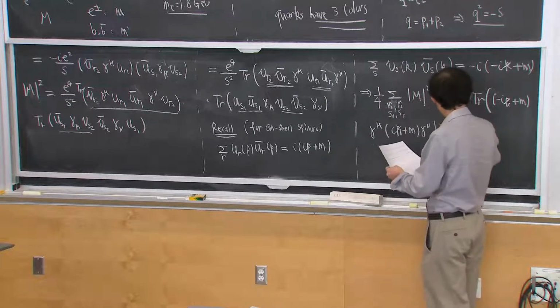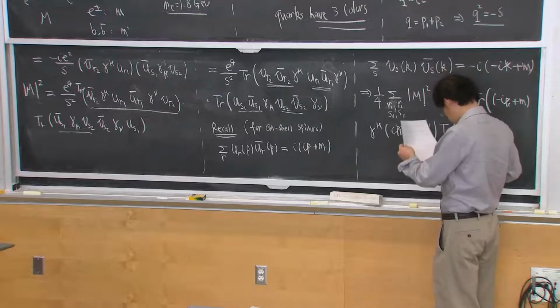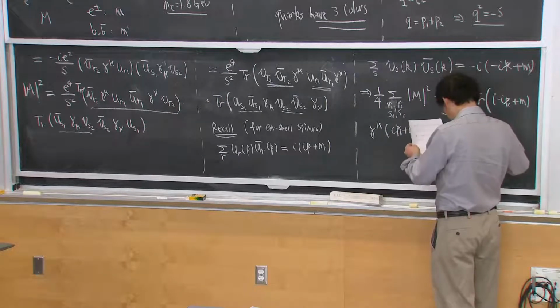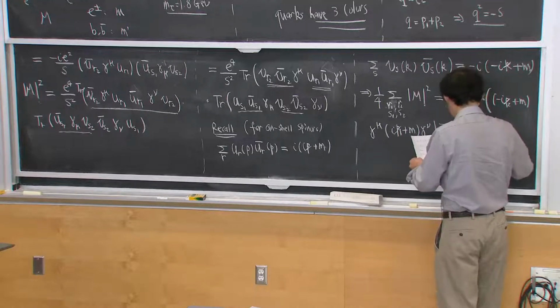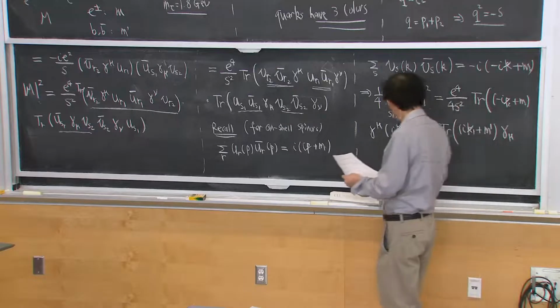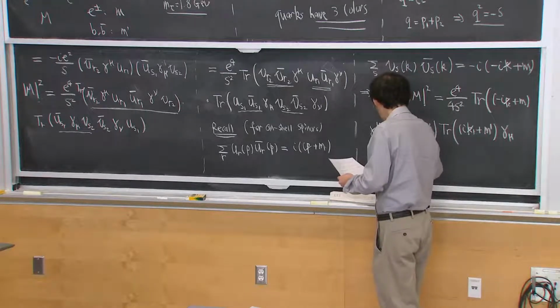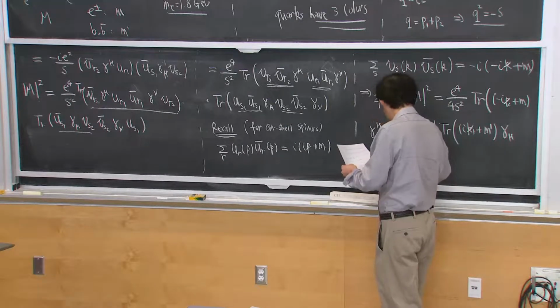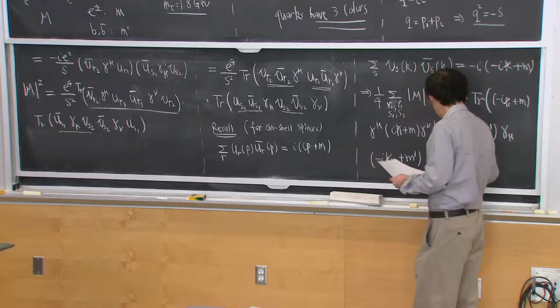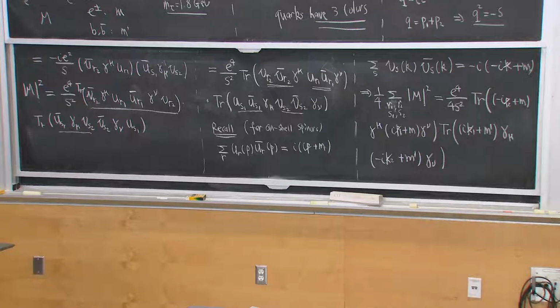And then I have the trace of I K1 slash plus M prime gamma mu and minus I K2 slash plus M prime gamma mu. So when I do this, the spin sum is crucial for this simplification.